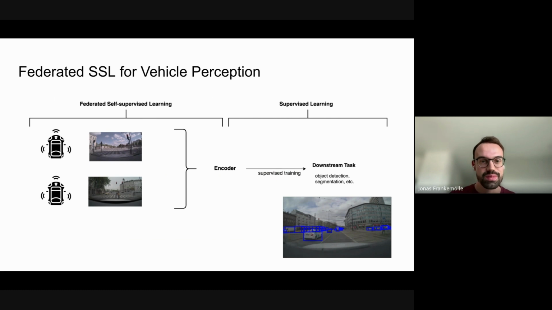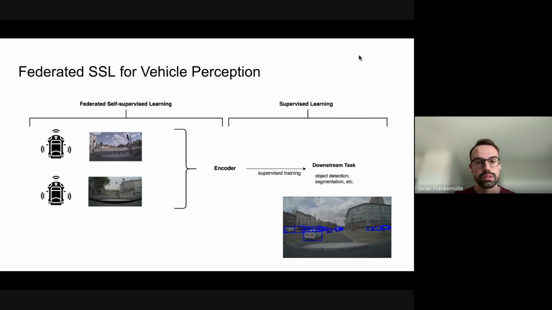So now if I come back to our automotive use case and the heading of my presentation, Federated Self-Supervised Learning for Vehicle Perception, this is the workflow that I would envision for how this would be done. We have our car fleet that collects a lot of different image data.